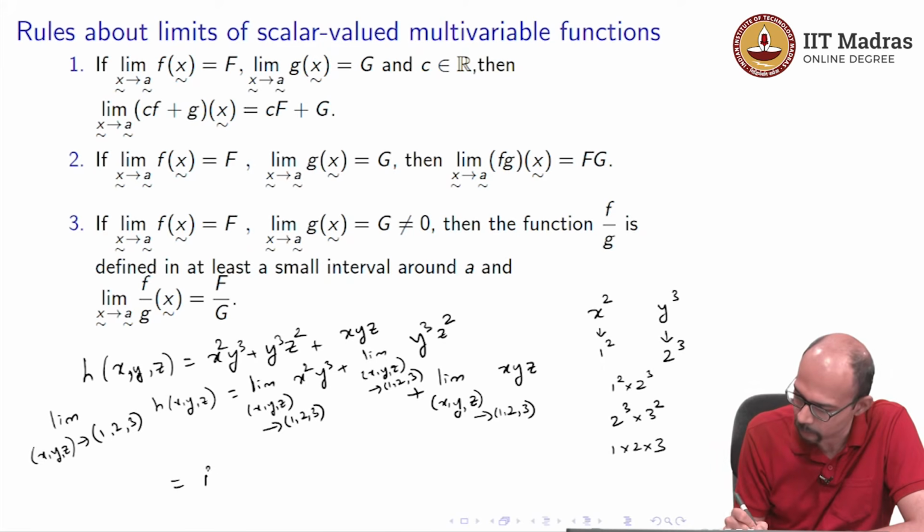So, this is 1 squared times 2 cubed plus 2 cubed times 3 squared plus 1 times 2 times 3.